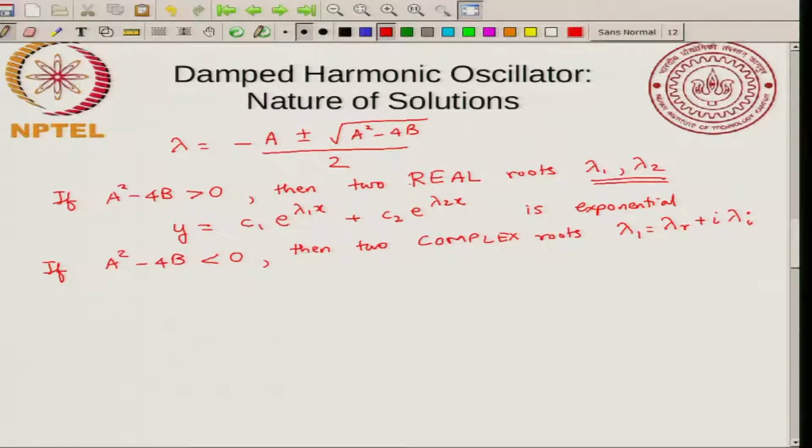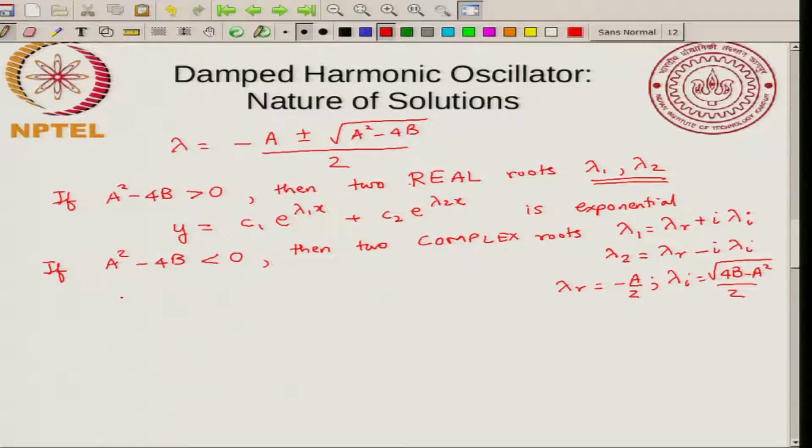Lambda real is basically minus a by 2. Similarly lambda 2 will be lambda real minus I times lambda imaginary, where I will emphasize again that lambda real is equal to minus a by 2 and lambda imaginary is equal to square root of 4b minus a square, divided by 2. Since a square minus 4b is less than 0, 4b minus a square is greater than 0. So the imaginary part is just this, and that is multiplied by I. The two complex roots have this feature.